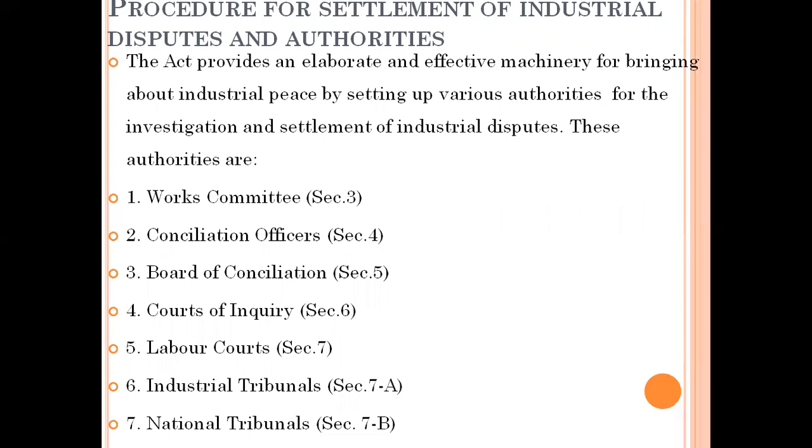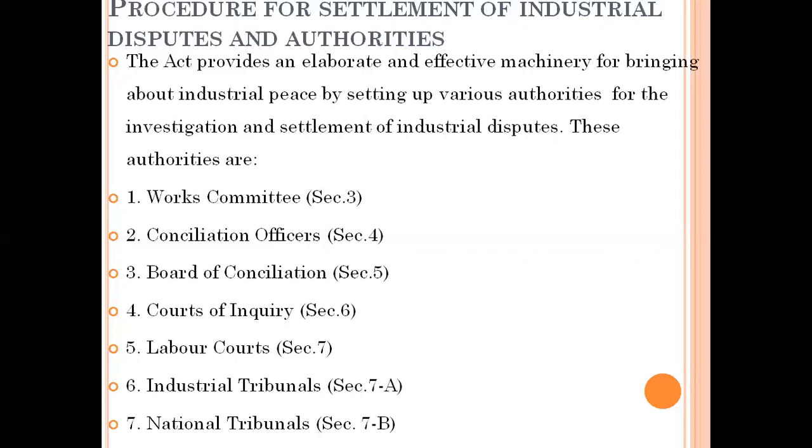Then we will discuss what are the procedures for settlement of industrial disputes and its authorities. The Act provides an elaborate and effective machinery for bringing about industrial peace by setting up various authorities for the investigation and settlement of industrial disputes.